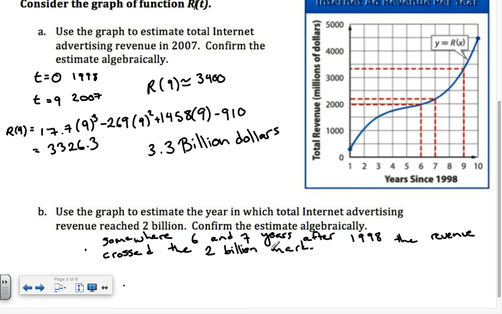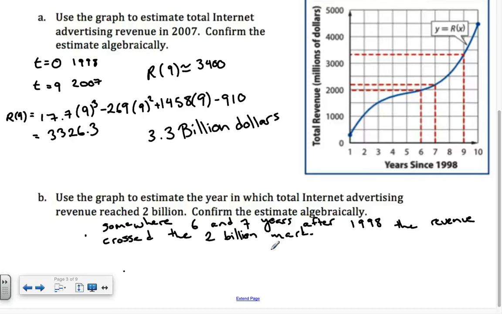To confirm it algebraically, we can just show that at 6 years it was below 2 billion and at 7 years it was over 2 billion, because right now we don't have the tools in our bag to actually solve this equation for 2 billion.